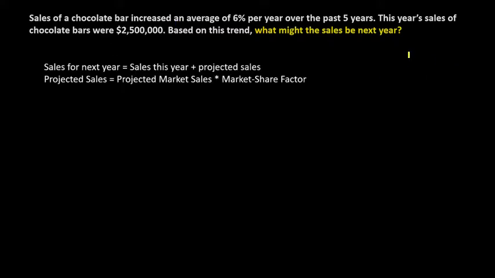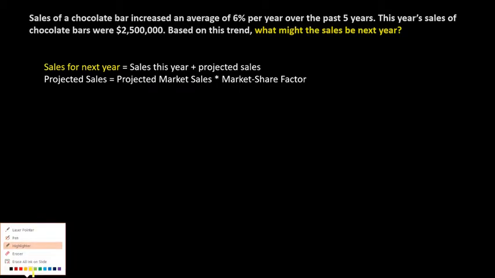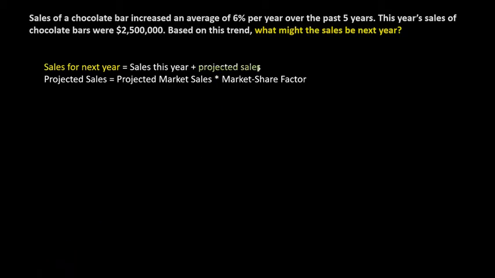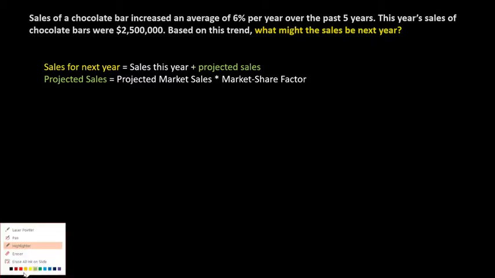So since they're asking for sales next year, pull out your sales for next year equation. Notice that sales for next year involves projected sales. This is something that's almost never going to be given to you in the prompt. So you'll almost always have to pull out the projected sales equation as well. Let's see if we can match up our information and see what has been given to us and go from there.